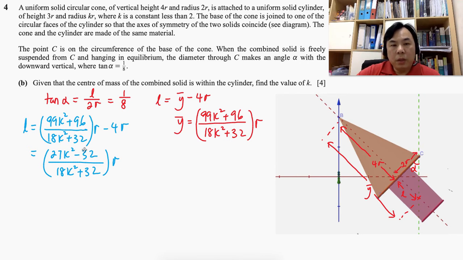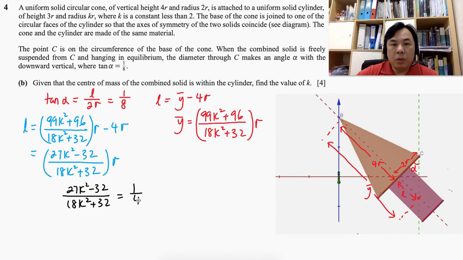Now we are ready to make use of this result. Let me try to simplify this. You put L on top and divide by 2r. The r can be cancelled out, and after simplifying, k square minus 32 over 18k square plus 32 would be equal to a quarter.